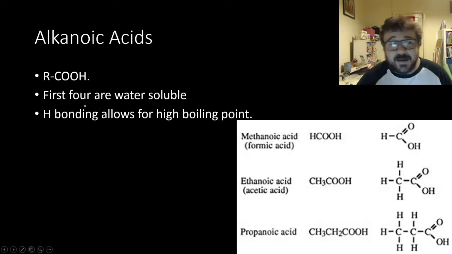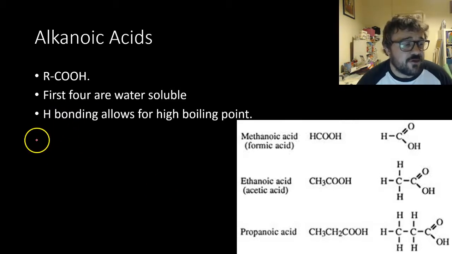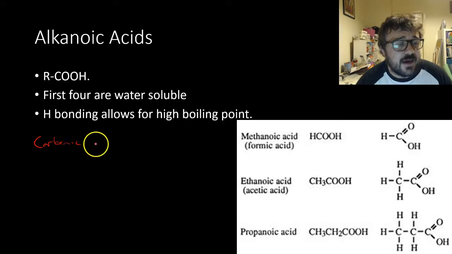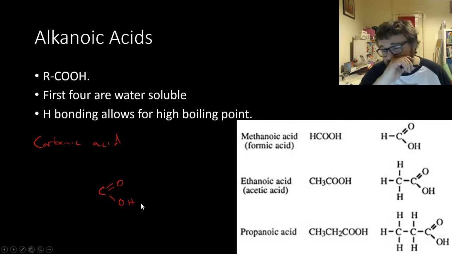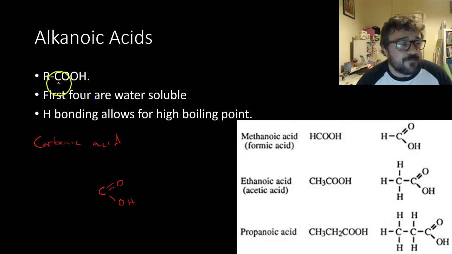And then we've got our alkanoic acids. The functional group here is called a carboxylic acid, and it looks like this. So it's like C double bond O, OH. It looks like an alcohol, but it's got the extra oxygen in there. And this is the general formula.